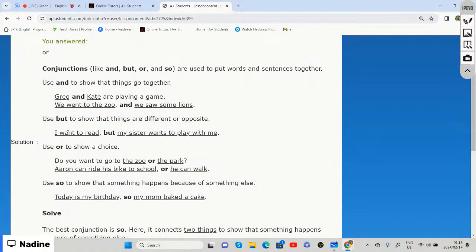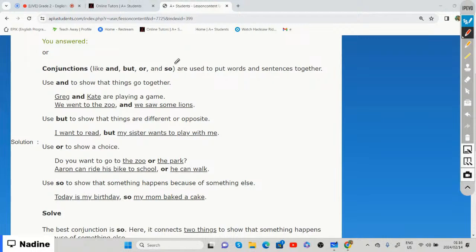And once again, conjunctions are used to put words as well as sentences together. And we said our conjunctions are and, but, or, and so. So we basically use those words to join the sentences, or we use those words to put the words together.